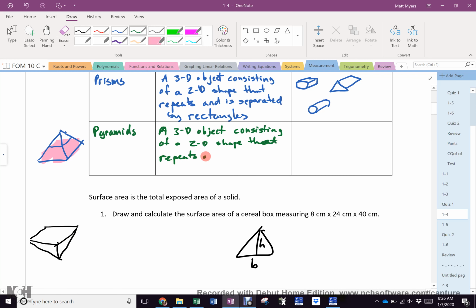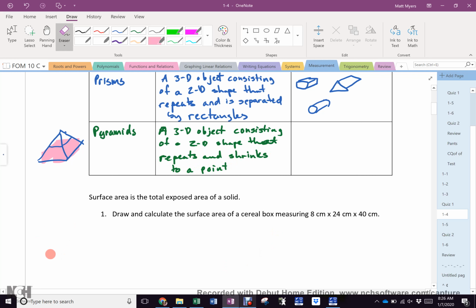What does it do? Right, repeats and shrinks to a point. Now, they're easy to draw. We've drawn a bunch here. Draw a sideways L, triangle, triangle. Egypt pyramid, right? We've all seen them. We know what we're talking about.